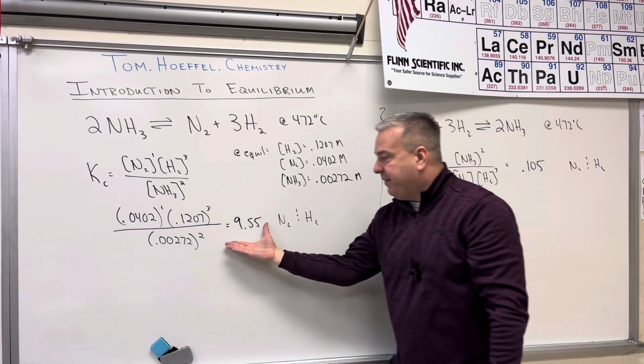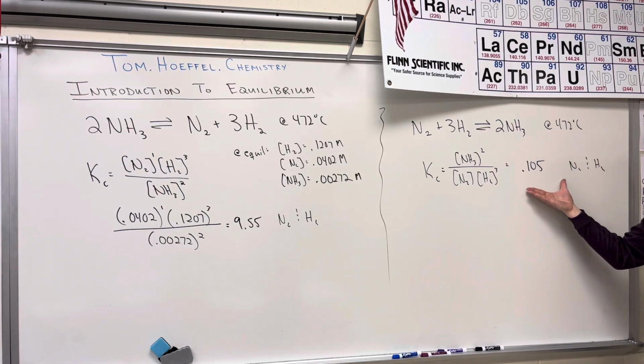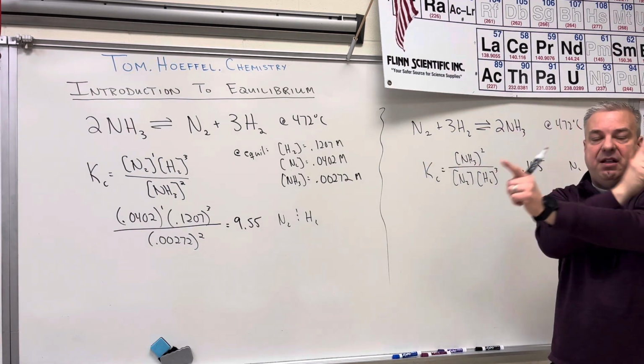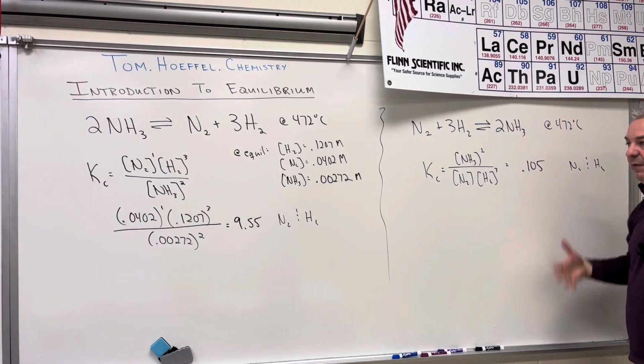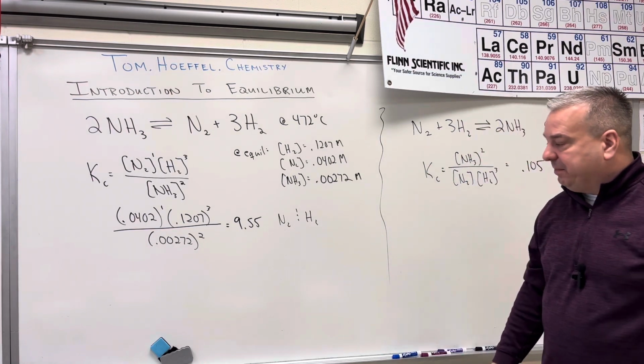So if you end up having a big number over here, you better end up with a small number over here because the chemicals have switched sides, and we need to make sure that we're still favoring the N2 and H2 for this problem.